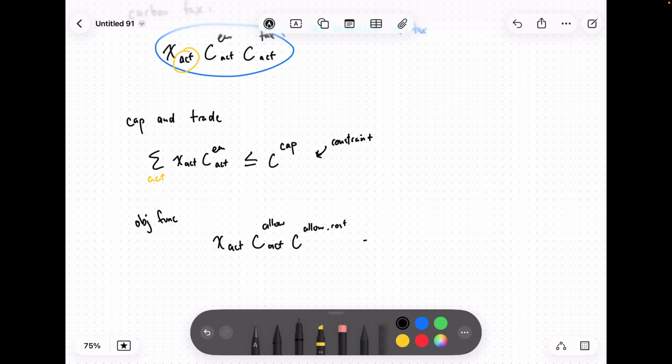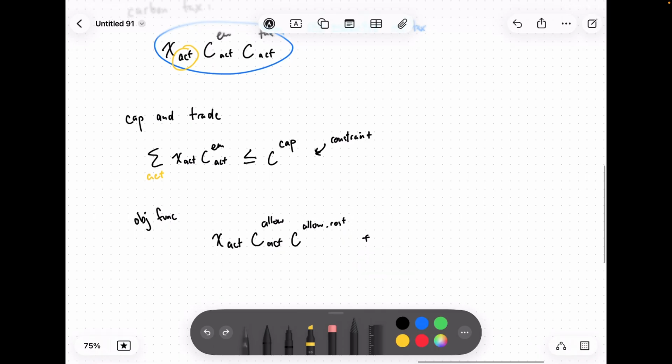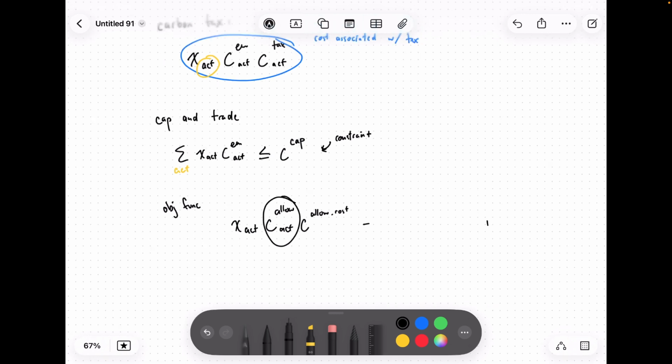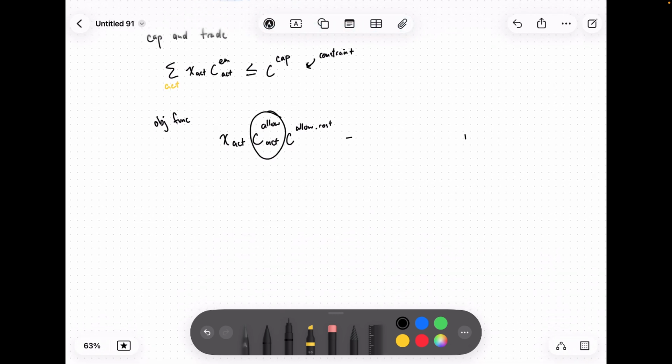And then you'd probably have to let me see. Yeah. For this term, maybe I'm gonna change this to maybe not be C. Maybe this is some kind of X here.